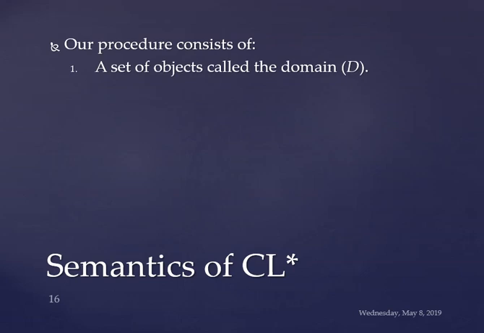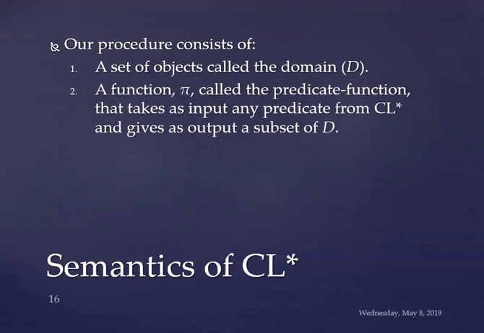So the procedure consists of this. We come up with a set of objects, we specify it, and we call that the domain, D. Then we introduce a function, and we're going to use the Greek letter pi to indicate our predicate function, that will take as input any predicate from CL star and give as output a subset of the domain. Just note that the subset can be identical with all of the objects in the domain.